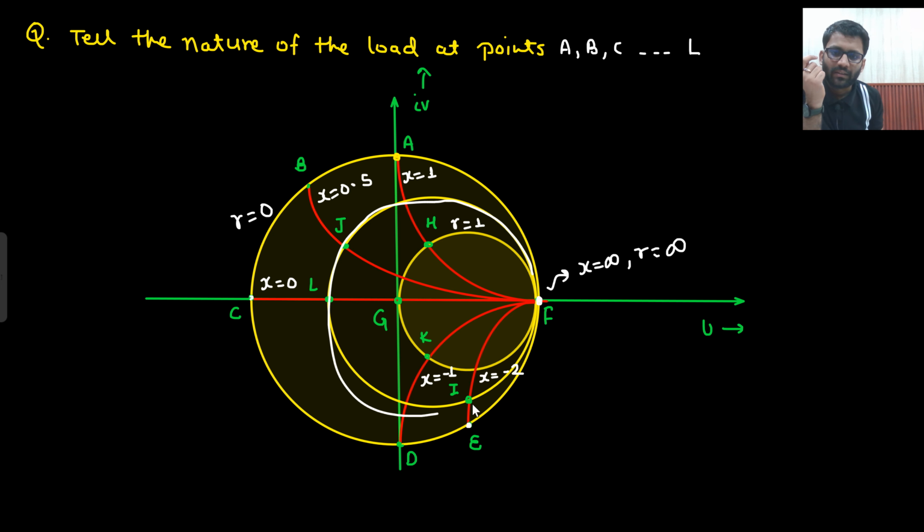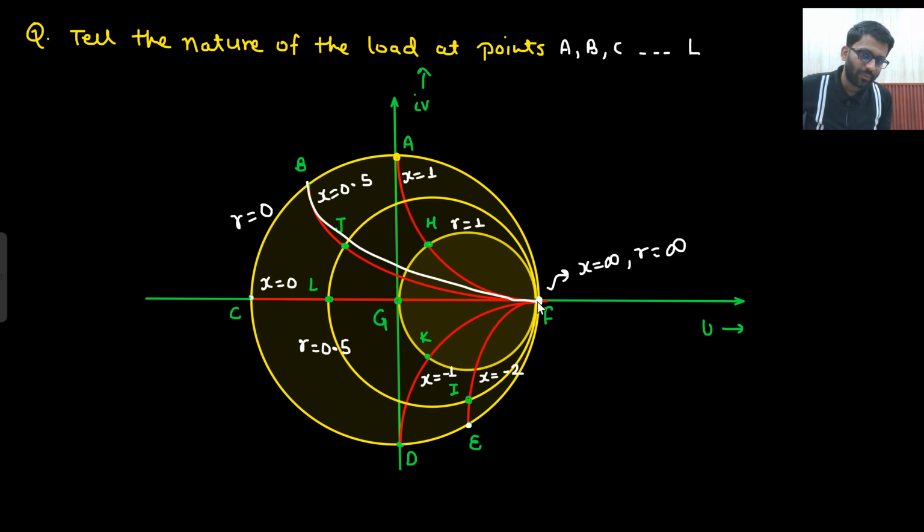This circle can be called R equals 0.5, because 0, 0.5, 1, and smaller it will get. So one can say that at this point X equals 0.5 and R equals 0.5. This is your R equals 0.5 circle. So that is also there.